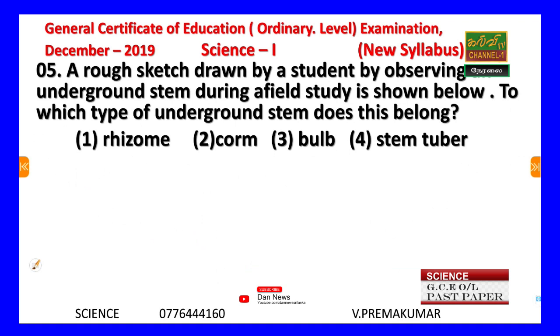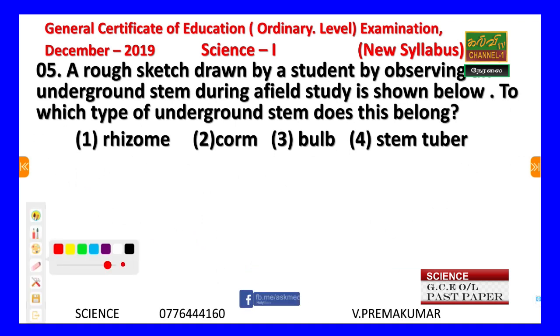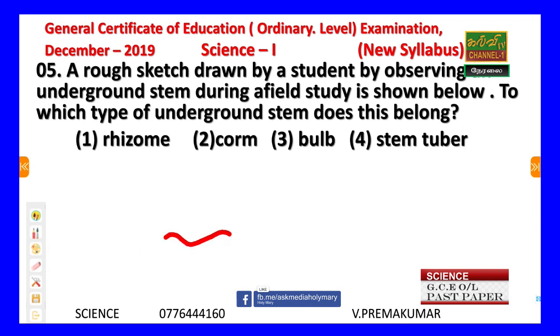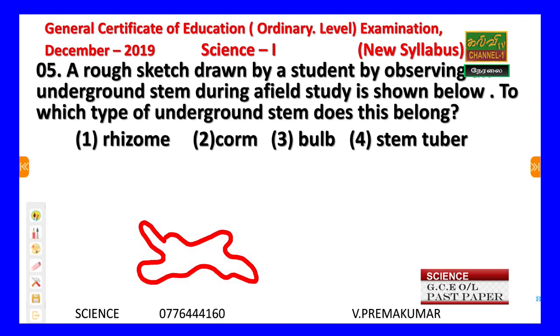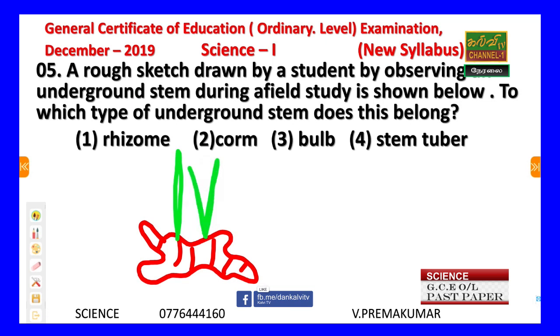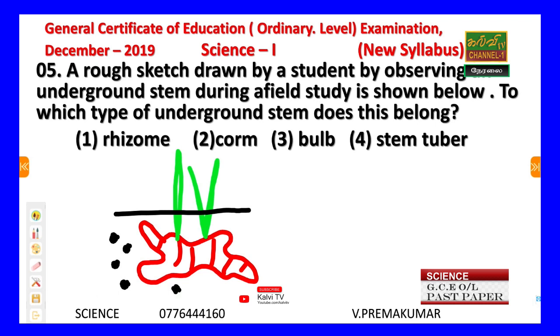Another student takes a piece of this. Say this is ginger, with some scale leaves, and there are some leaves above the soil, and this is the soil.